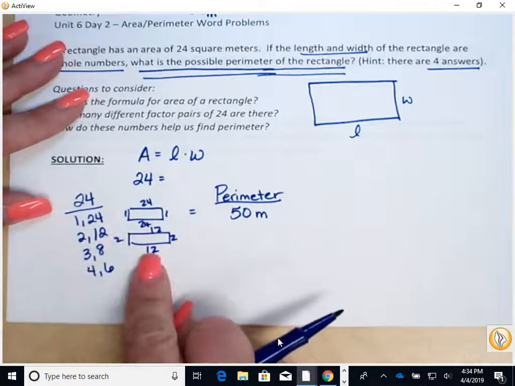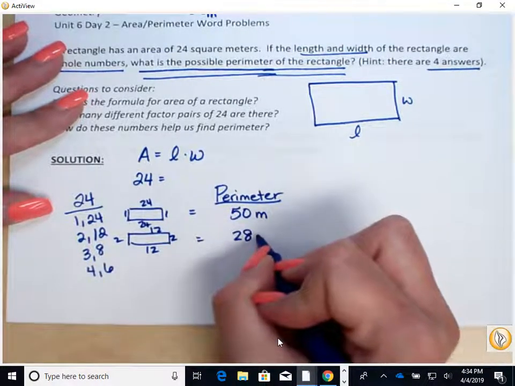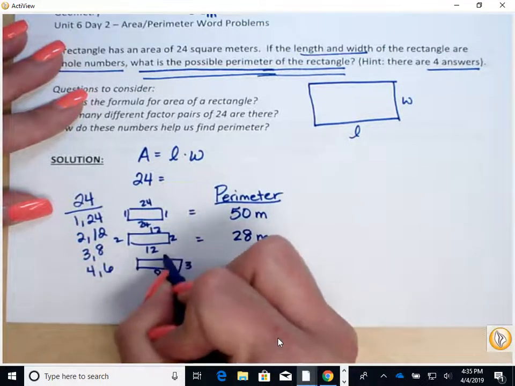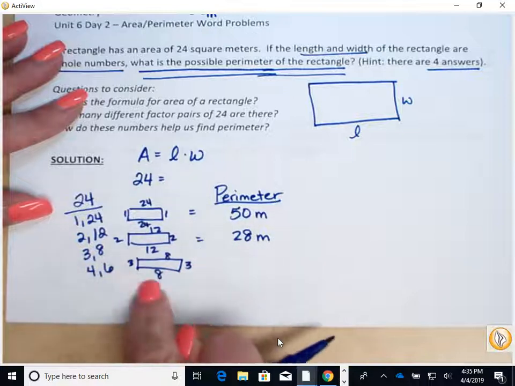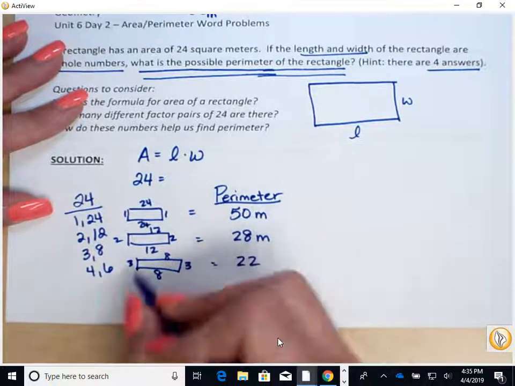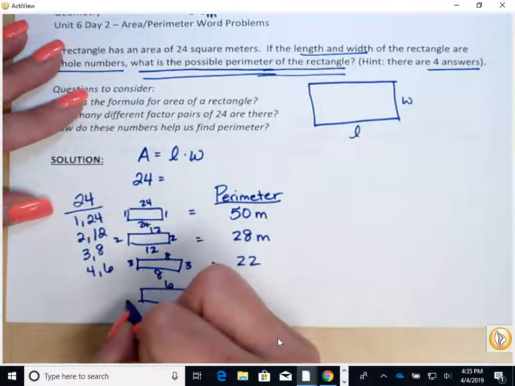All right. Now if I have one where it's 2 and 12, 2 plus 12 gives me 14. That's another 14. Gives me 28. Now we got one where it's 3 and 8. That gives me 11. That gives me 11. So add together gives me 22. And last but not least, 4 and 6. And you don't have to draw these diagrams each time.